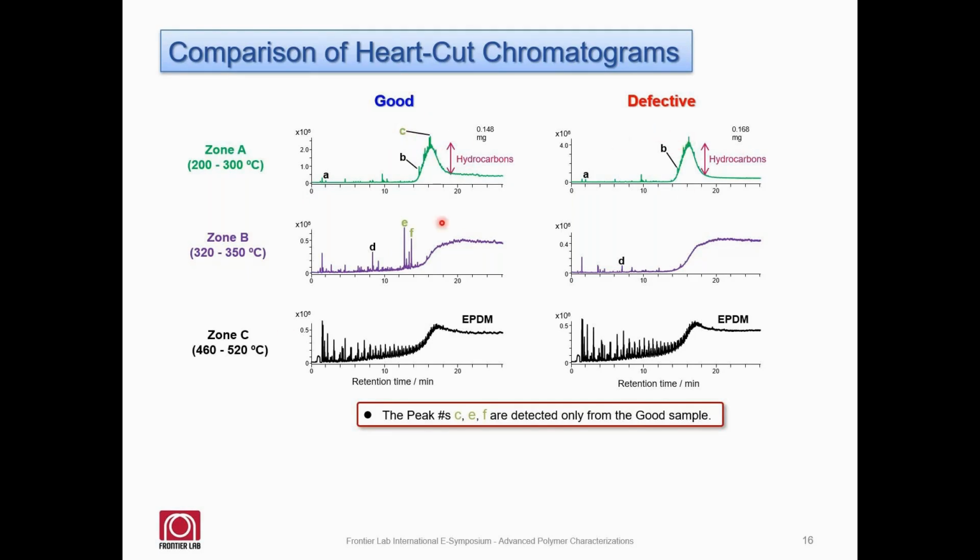As well, in zone B you could see peaks called E and F appearing, whereas in defective samples they are not present. Zone C is slightly different, but more or less the same. So here we can clearly see that three different peaks are detected from the good samples, namely C, E, and F. Let us see what they are.